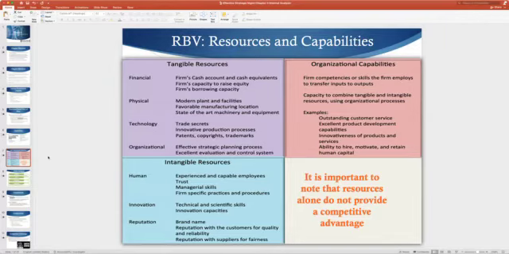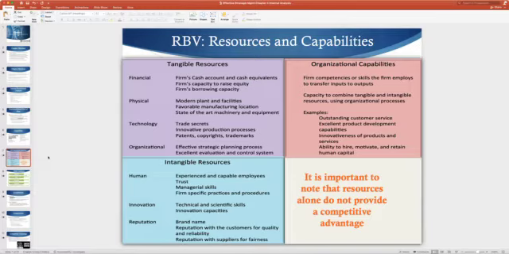If you have a great brand name and no one knows that you have a great brand name, or if you have modern plants and facilities and state-of-the-art machinery that can produce high quality products, and you're not exploiting that, it really doesn't provide you that competitive advantage. The competitive advantage comes from those competitors out there knowing what you have, and those customers out there knowing that what you can do is better than the competition. That's where it comes from.